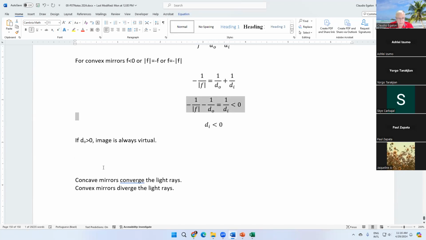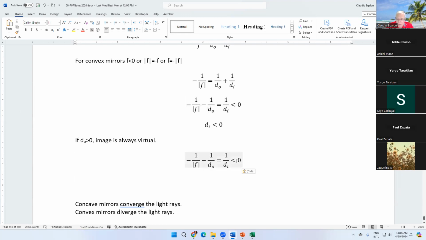And we can write that down. There you go. What we're going to do now is write down di. I'm going to multiply and divide by d naught, and multiply and divide by the magnitude of f.